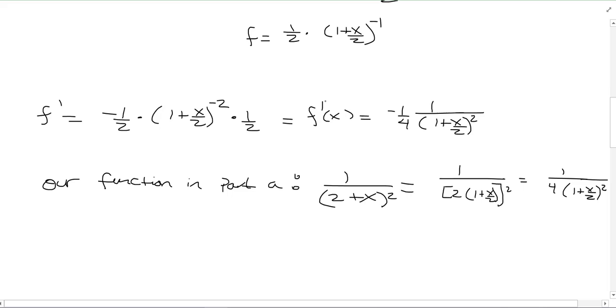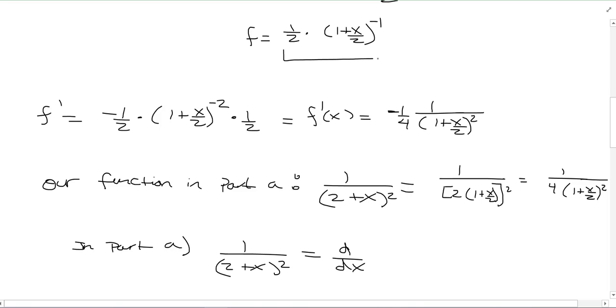Now, notice that the derivative of this function is pretty much our function in part A, except our function is positive and this derivative here is negative. So that means that our function in part A, 1 over 2 plus x squared, is really equal to the derivative of our function up here, but when I take the derivative, I gain that negative.